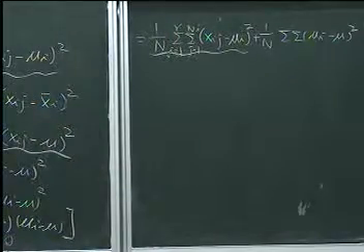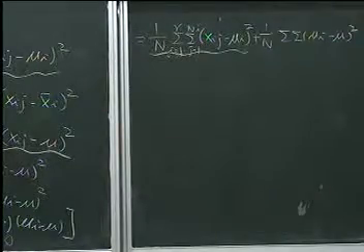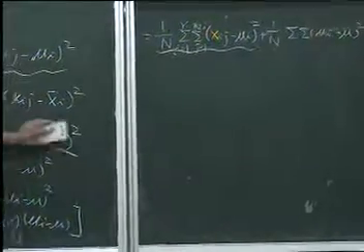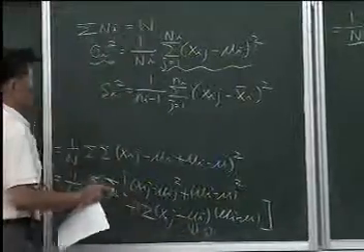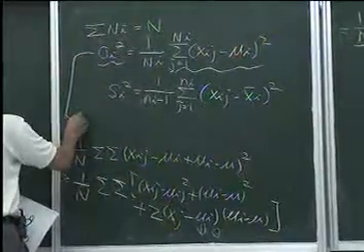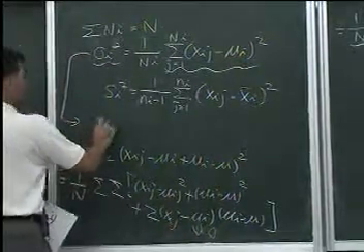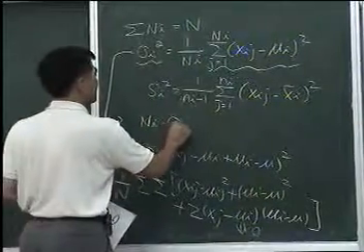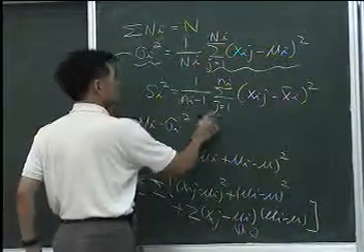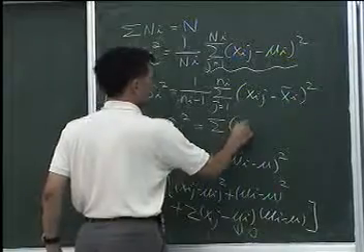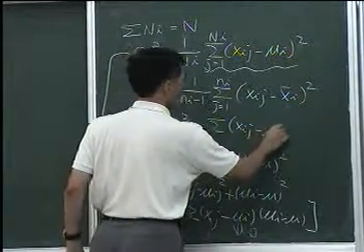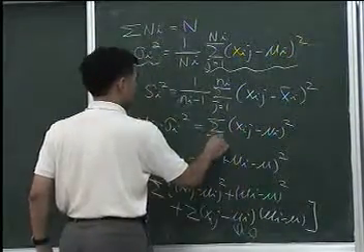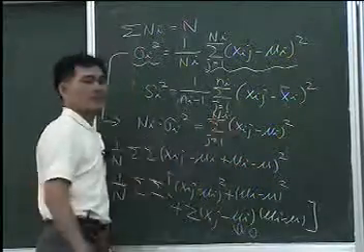So as a matter of fact, this one, let me erase this part, okay? So what can you get? You get ni times sigma i squared, actually equal to summation xij minus mu i squared, and j is from 1 to ni, right?